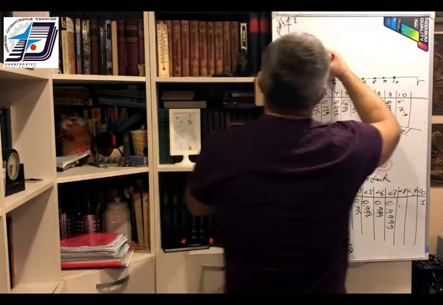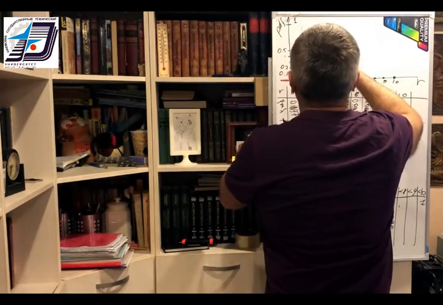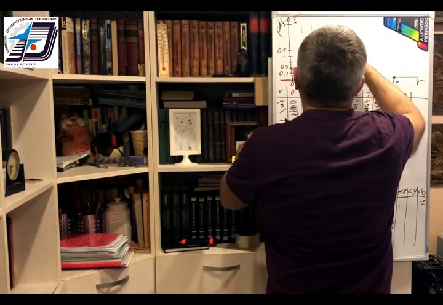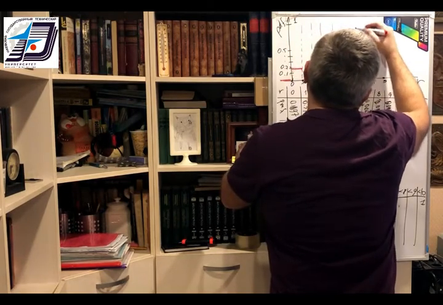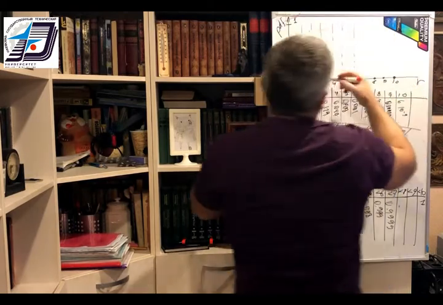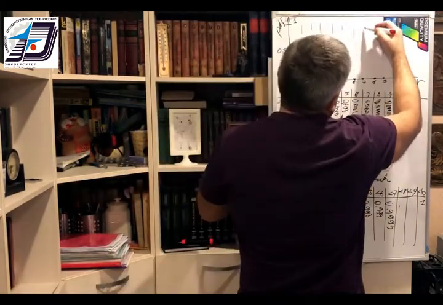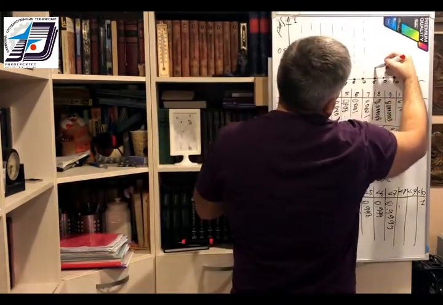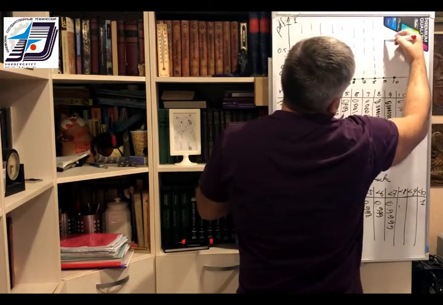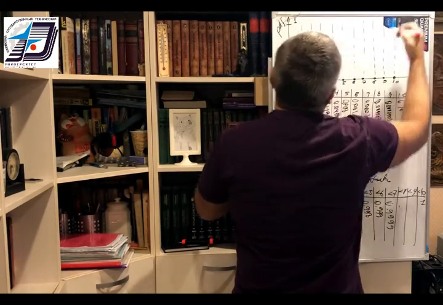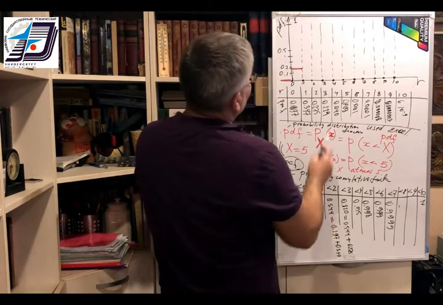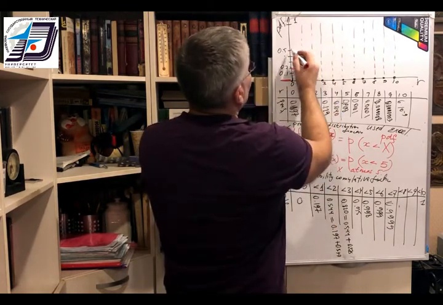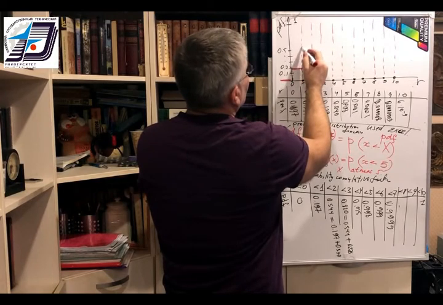So I make these vertical lines, they facilitate our plotting. Less than 2, it is 0.54, so it's a bit more than 0.5. Put it here.